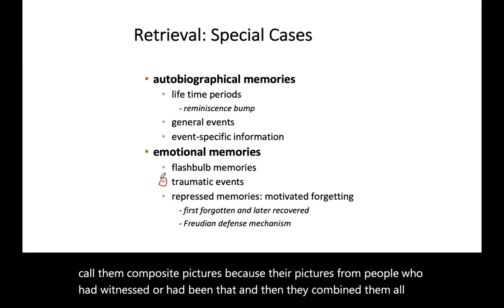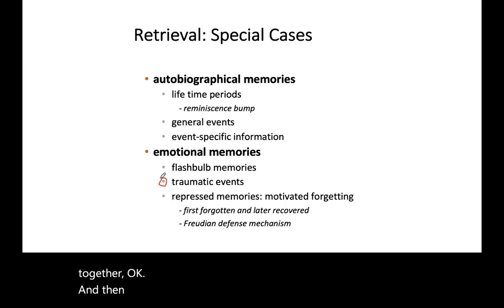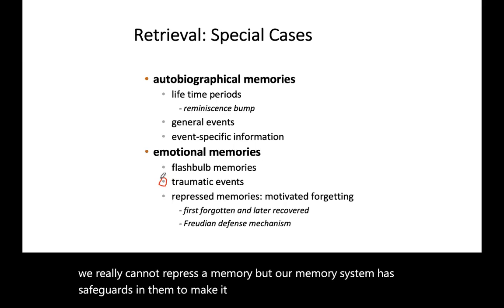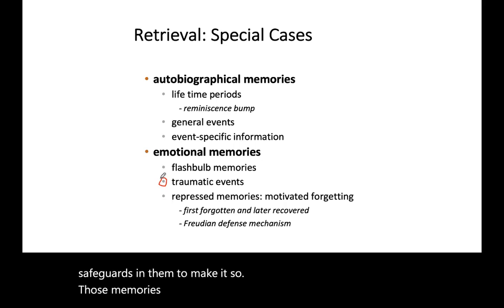Okay. And then there's the idea of repressed memories. I can tell you that we really cannot repress a memory, but our memory system has safeguards in it to make it so those memories don't affect us. Again, I think I mentioned this before.